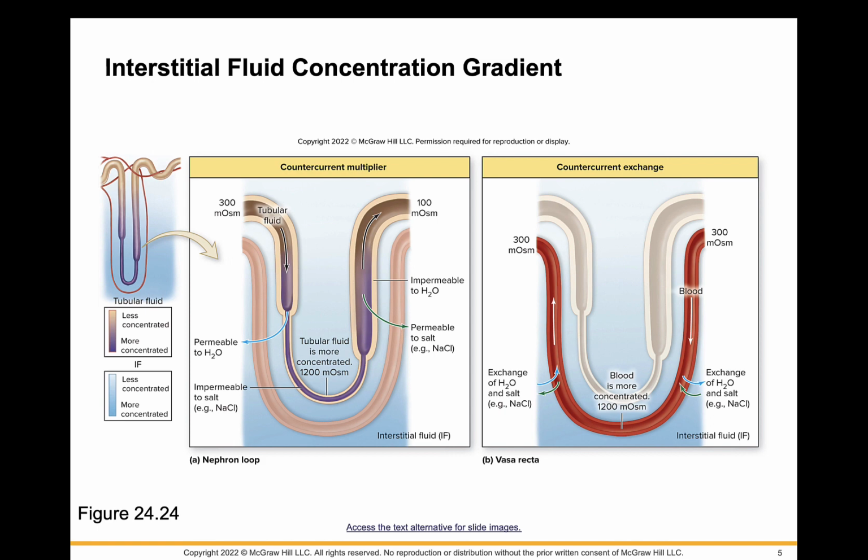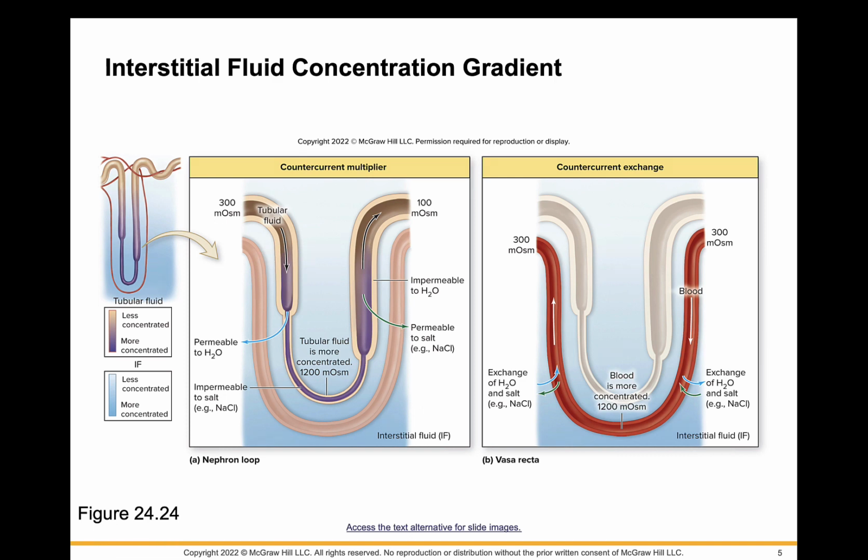So remember, the countercurrent multiplier is the nephron loop, and the exchange is happening between the nephron loop and the interstitial fluid. So let's kind of work our way through here. Okay, so we can see that the tubular fluid is less concentrated, as is the interstitial fluid. Notice what happens as we get deeper into the medullary regions.